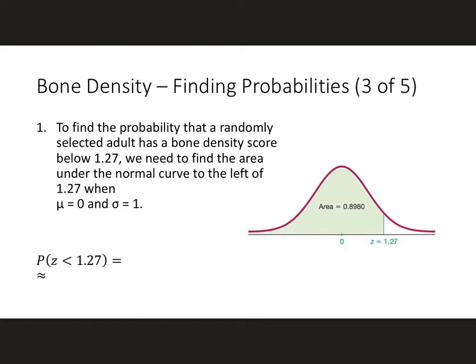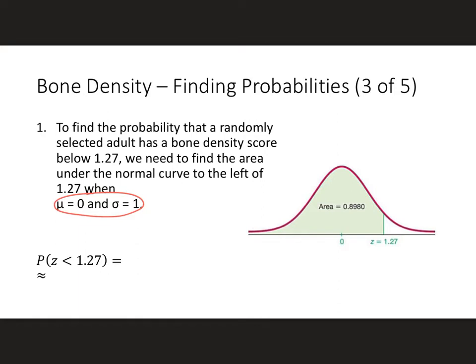See here, I have my normal curve already drawn and shaded to the left where our z is 1.27. Now, if you want to work with just that norm.dist formula that we did in section 6.2, you're just going to be putting in a mu of 0 and a standard deviation of 1. But I do want to make sure that everyone knows that there's also a standard normal distribution formula.